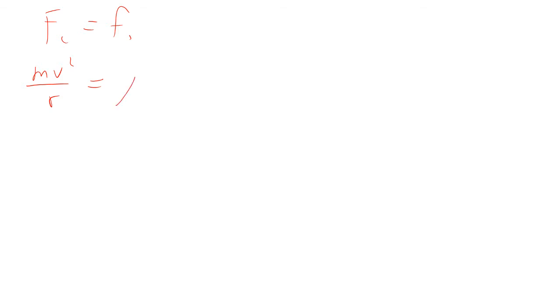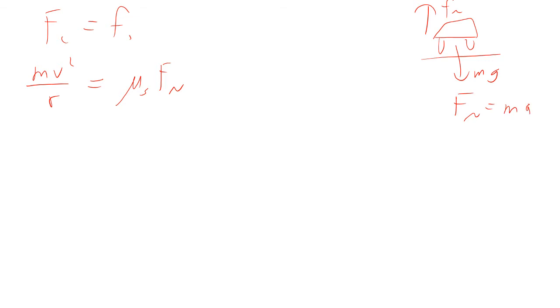Static friction is going to be mu sub s times the normal. With the car sitting right here on the road, we have mg down, normal up, and so the normal force would appear to be just equal to mg. So mv squared over r equals mu sub s mg.